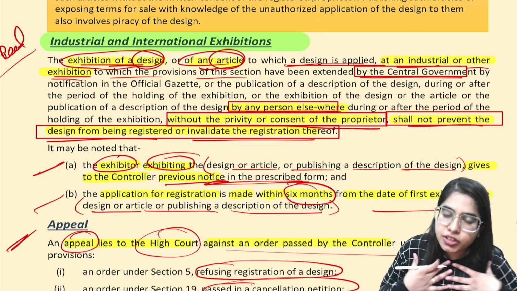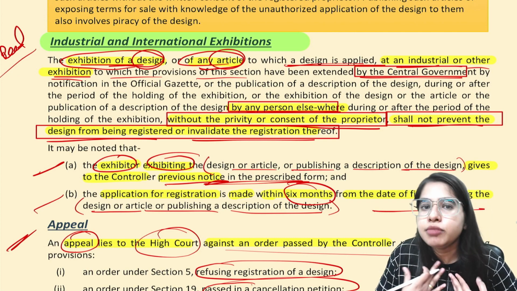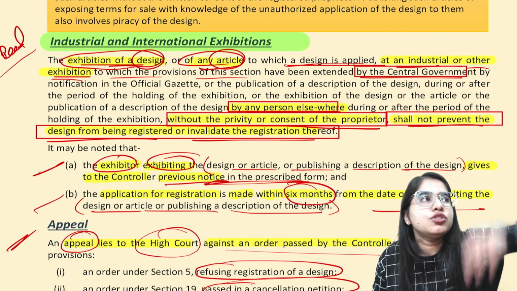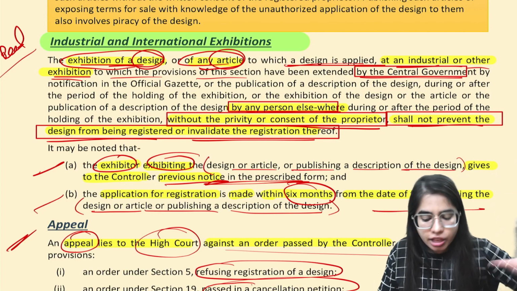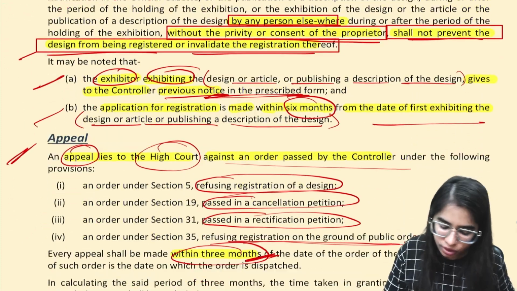Even after the exhibition, if I want to register that design in my name, I can register, because I am the rightful proprietor. Even if it is used by central government in an exhibition, it does not prevent me from registering that design in my name, provided two conditions are there.